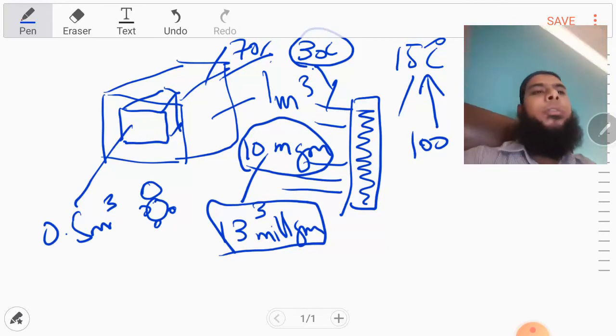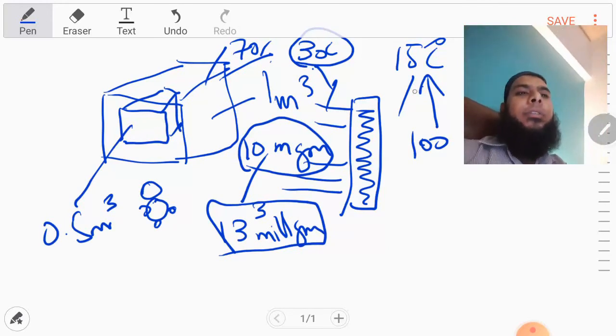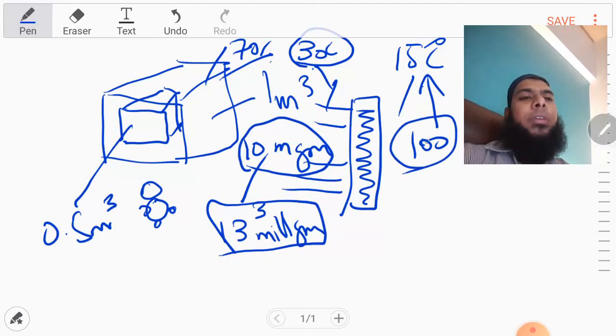Let's suppose for 15 degrees centigrade the relative humidity becomes 100%. It means that it cannot hold further water.